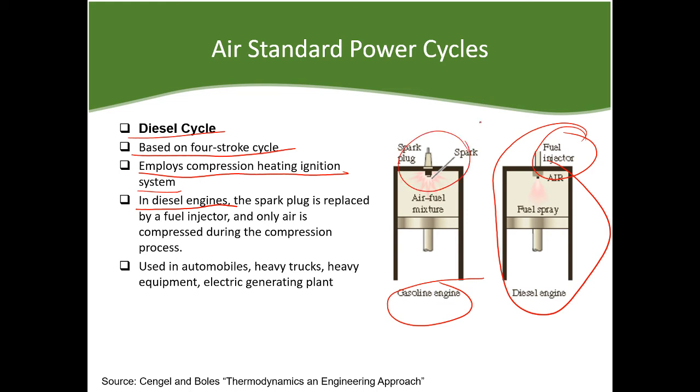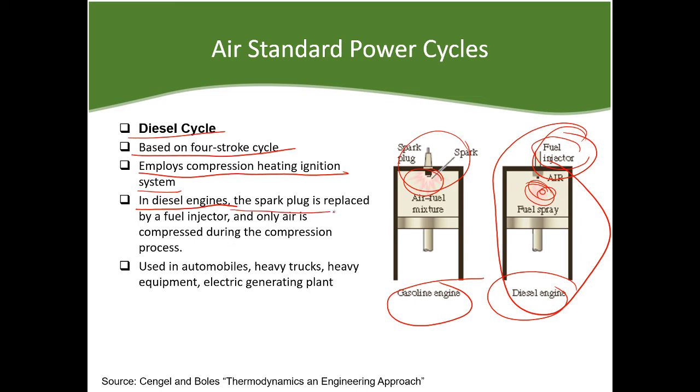Okay, yun yung difference ng gasoline engine sa diesel engine. Sa diesel engine, wala kang spark plug, may fuel injector ka. Automatic siya na pag nag-compress, magsaspark yung fuel, automatic siya. Sa gasoline engine, hindi siya automatic. Kailangan mo ng spark para magkaroon ng ignition.